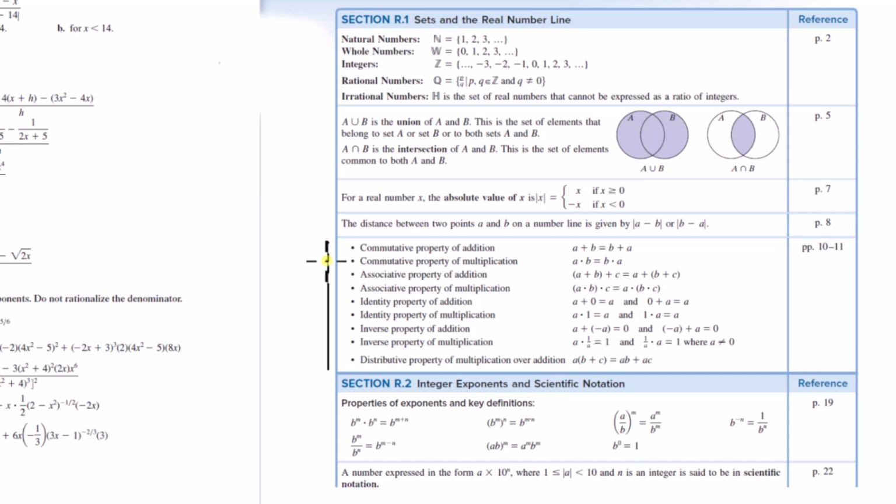They specify the basics of what we do when we add, subtract, multiply, divide, and even distribute, right? It specifies the basics of the fact that if you have two complex numbers, like 3 minus 2i over 3 minus 2i, okay?